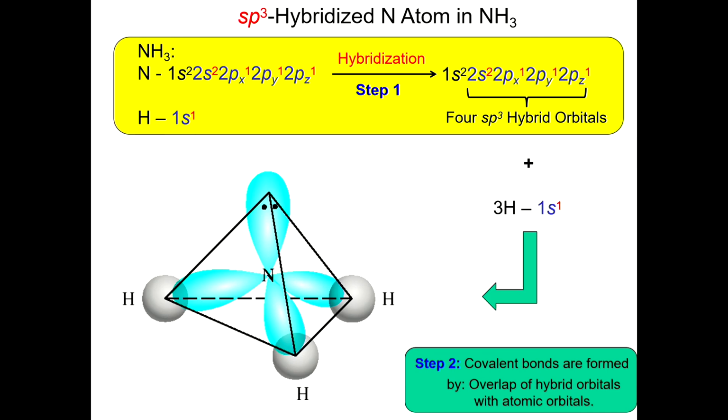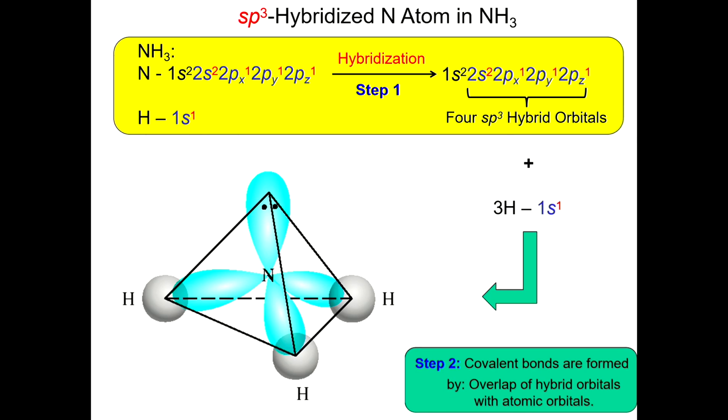In these 4 hybrid orbitals, how many electrons? At first, it has 2 s, 1 px, 1 py, 1 pz. So in total it has 5 electrons, right? So 2 will be here, it means a pair, and 1 is here, 1 is here, 1 is here. For example, this is from px, this is from py, this is from pz.